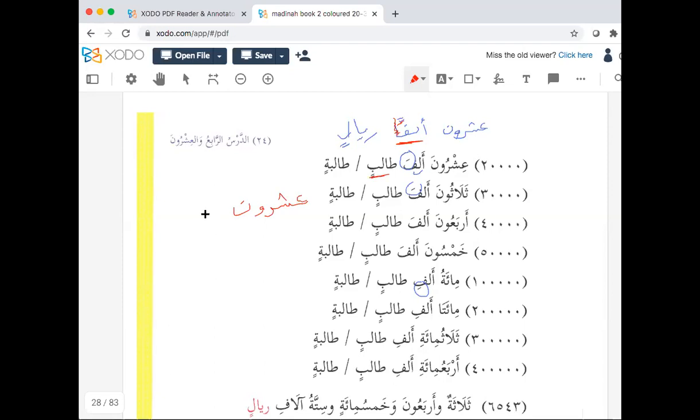If you don't say riyal, you can also say 20 ألفا, 20,000, and alf becomes the ma'dud. So alf, when it's being counted, it is the ma'dud.